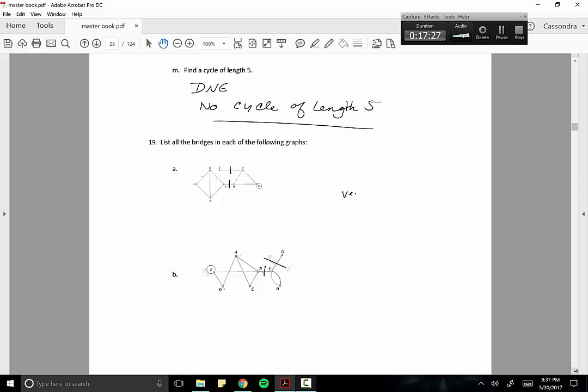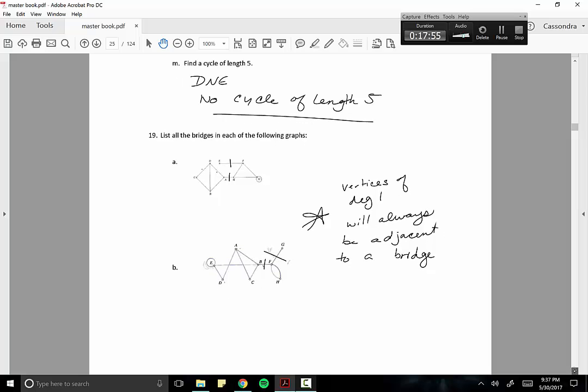Vertices of degree 1 will always be adjacent to a bridge. Because if we deleted that edge, that vertex would become an isolated vertex. Okay? Remember this fact for later on.